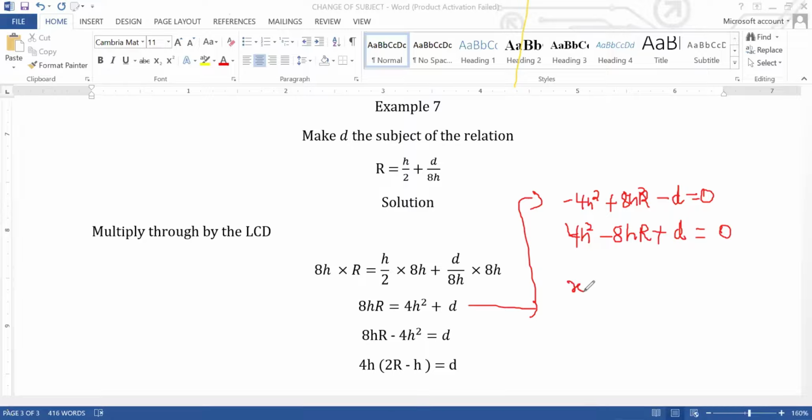Let me write it at the side, assuming they've told you make h the subject. x is equal to minus b plus or minus the square root of b squared minus 4ac, all over 2a. You can't factor h out, irrespective of what you do, because there is a squared term and a single one. It cannot work.